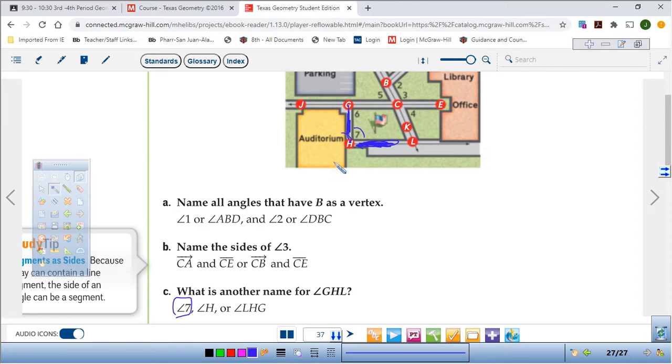Angle H, since there's no other angles here, you can kind of think about it. Angle H works. And they just switched up these letters. You see this? They did keep the vertex, the middle letter, and then they switched out the G and the L, which makes sense. You can do that too. Going once, going twice. Is there any other way of naming that angle? I don't see it.